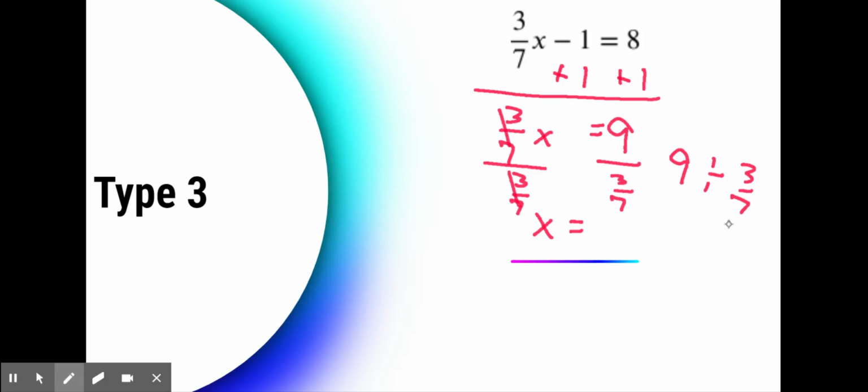So you can do your fraction operations, keep, change, flip, or you can use your calculator and say 9 divided by 3, fraction key 7, and you get 21. So either way you want to do it, by hand or in your calculator, I'm fine with that. You could plug that 21 back in and check it if you want.